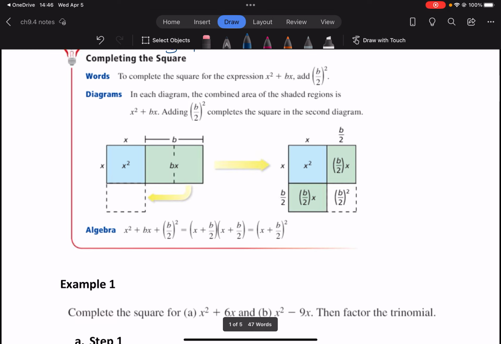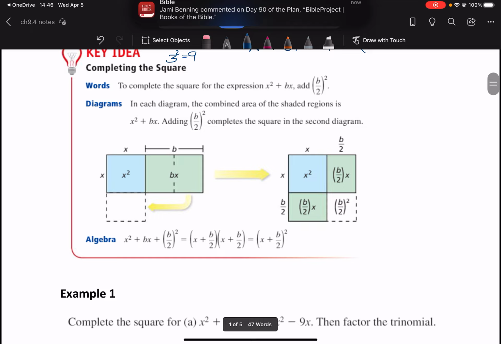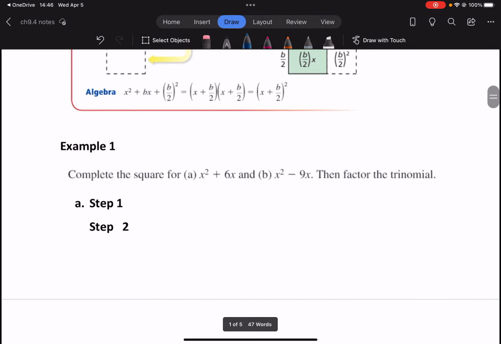So let's do a few examples here. Let's do a negative one. I already did the x squared plus 6x, so let's do x squared minus 9x. b is 9. I'm not even going to keep the negative. It's technically negative 9, but for what we're doing here, it's going to be 9. b over 2 is 9 halves. I'm going to keep the fraction.